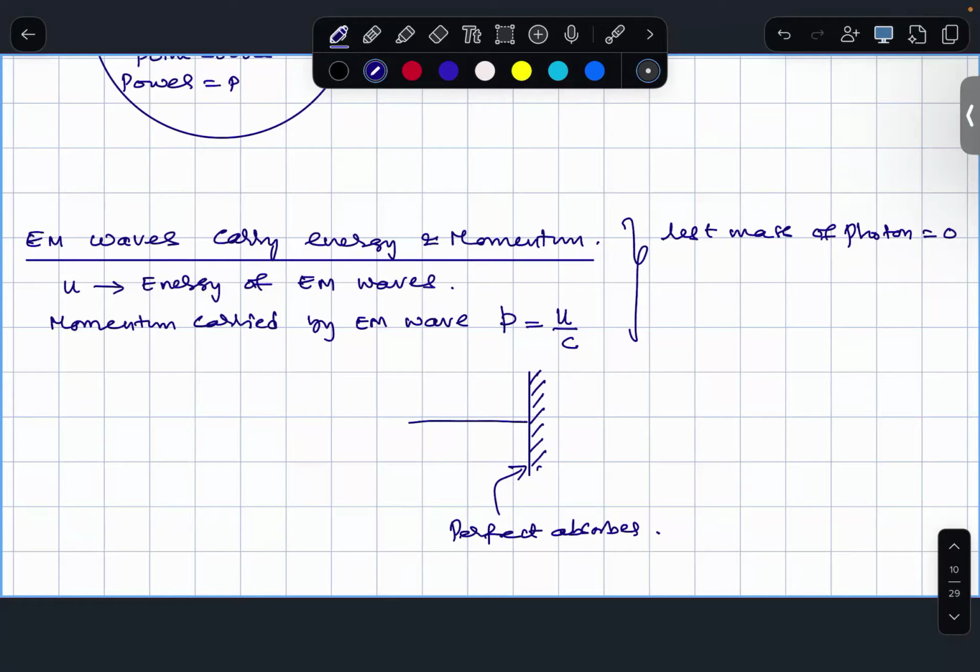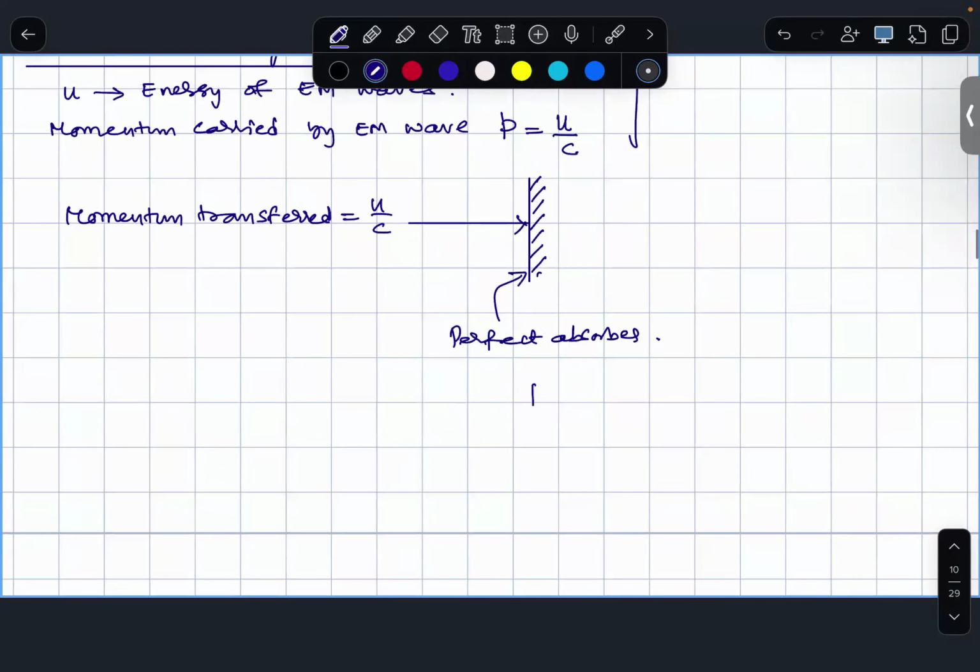In this case, the momentum transferred is simply U by C, because initial momentum is U by C, finally is 0, so the transferred momentum is U by C.